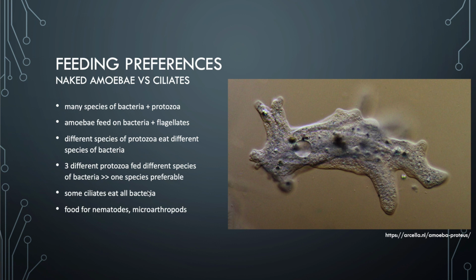So it really depends on the soil ecosystem and the feeding preferences of these organisms, as well as on the food available. And of course, soil protists are a fantastic food source for nematodes, rotifers, and microarthropods.